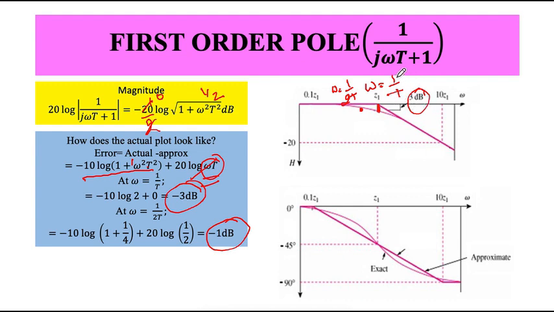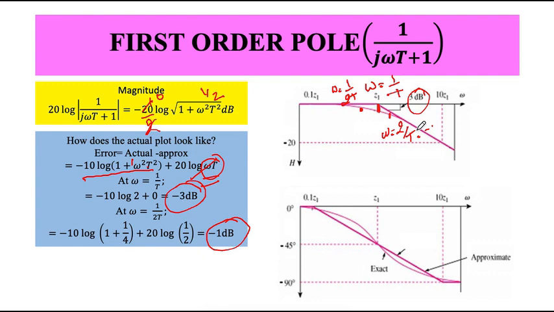So this is for 1 by t, this is half of 1 by t. Error is 1 dB. Similarly I can compute for omega equals 2 by t. Again the error will be minus 1 dB. Error, I am talking about error.